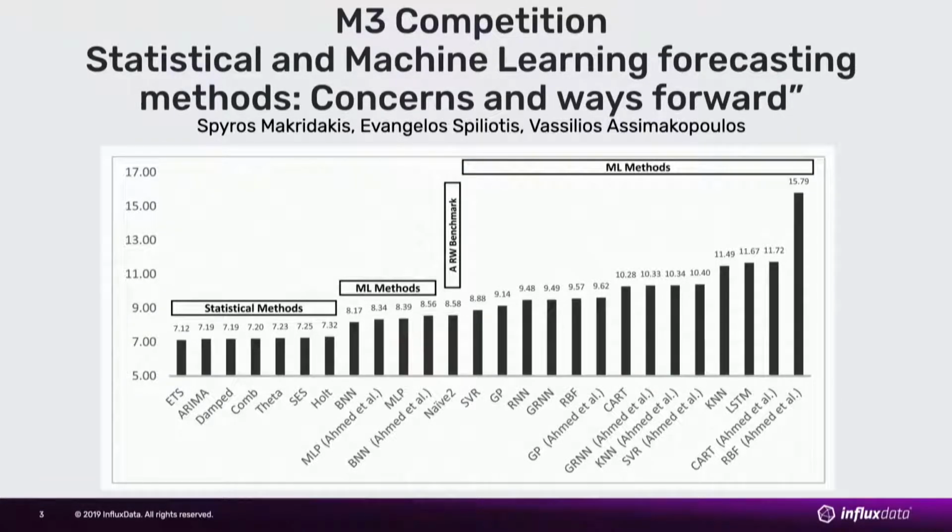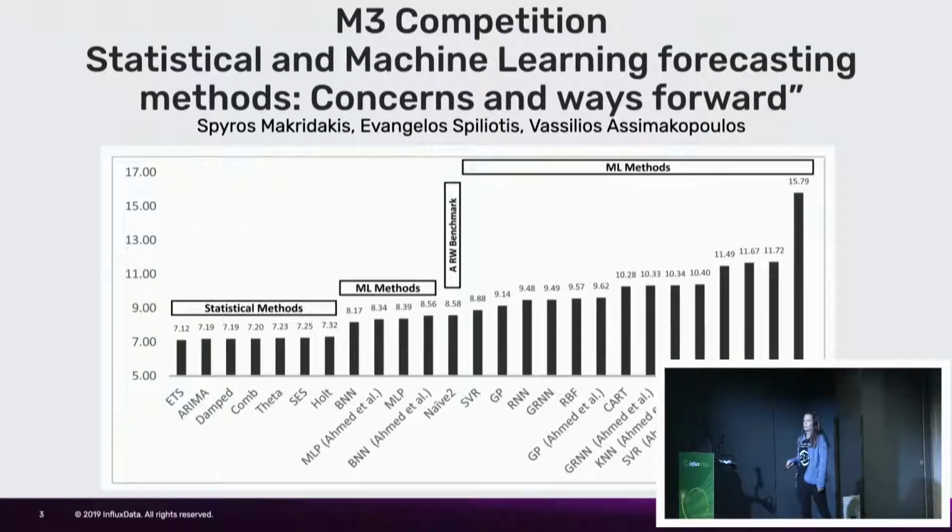And this is a summary of all the results, where you can see that they are measuring the prediction error for several different types of forecasting methods, including purely statistical methods and purely machine learning methods. And what we'll notice is that all of the statistical methods or classical forecasting methods have lower prediction errors than the machine learning methods. And this includes things like RNNs and LSTMs, long short-term memory networks, machine learning algorithms and deep learning algorithms that are, or neural nets that are incredibly popular nowadays.